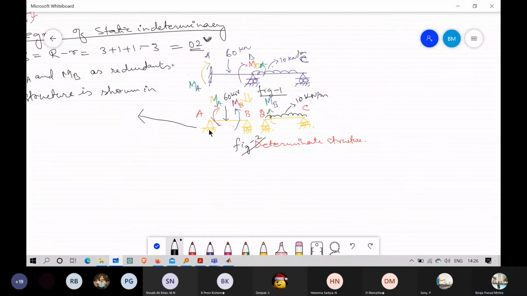How are we going to do that? You just need to extend these diagrams. This is the neutral axis, and again the neutral axis. So the maximum bending moment will be for the span AB, where the maximum bending moment will occur.